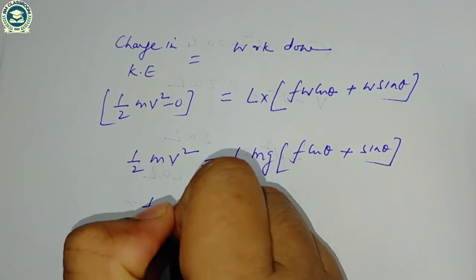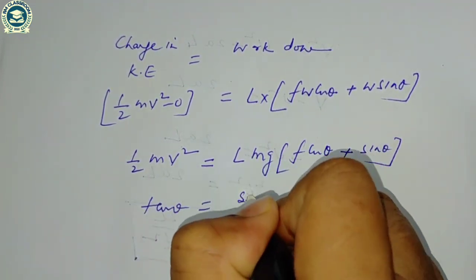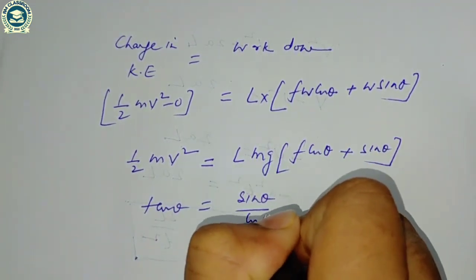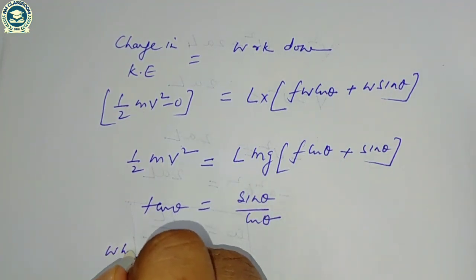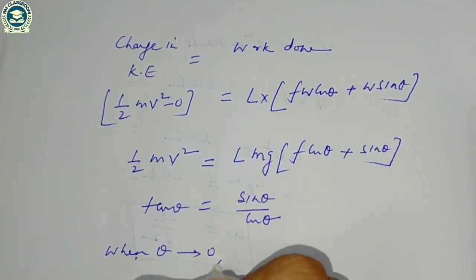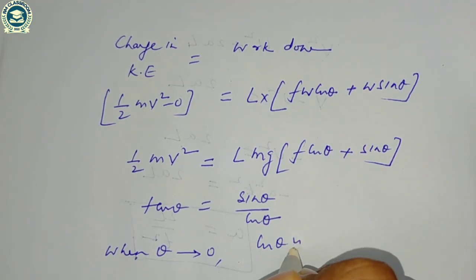And we know that tan theta is equal to sin theta by cos theta. So when theta is small, cos theta is approximately equal to 1. Means we can write tan theta is equal to sin theta.